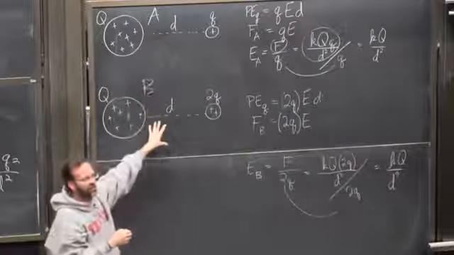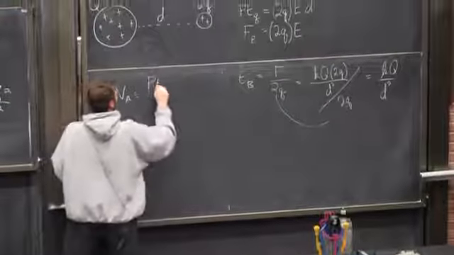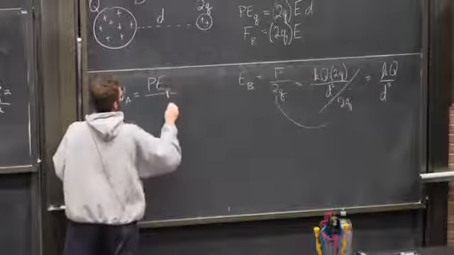So is the voltage, the electric potential. I ran out of room up there. What's voltage of A? That's the energy per charge, the electric potential. This energy is QED over that Q, so we have ED.